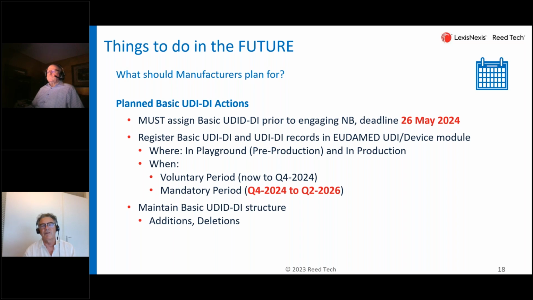You need to have launched an application for certification lodged with a notified body, and you need to have it signed by September. So you must have something signed with your notified body already. If you miss that, you lose your legacy status.